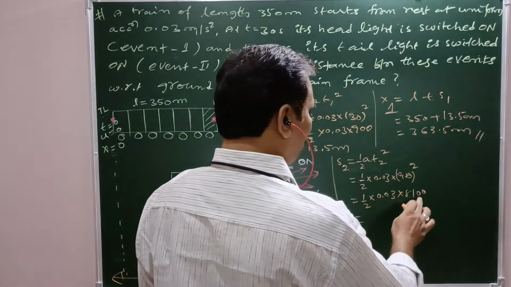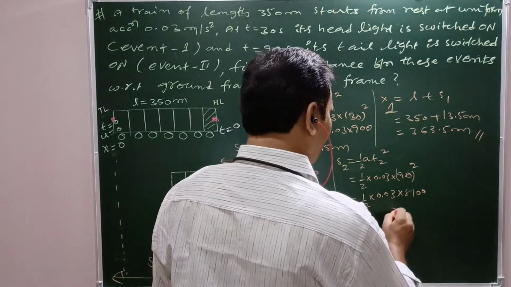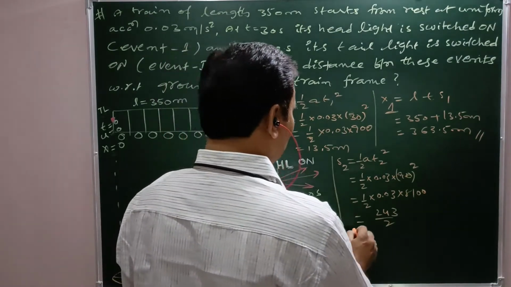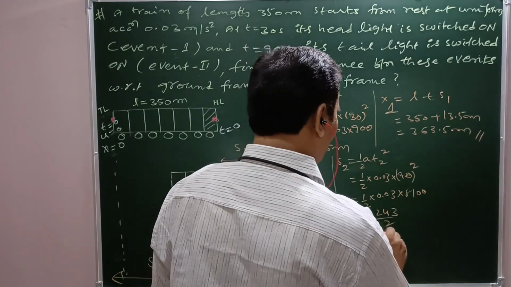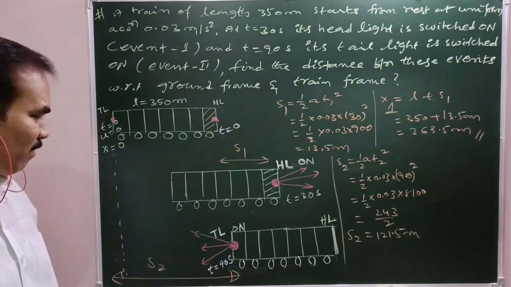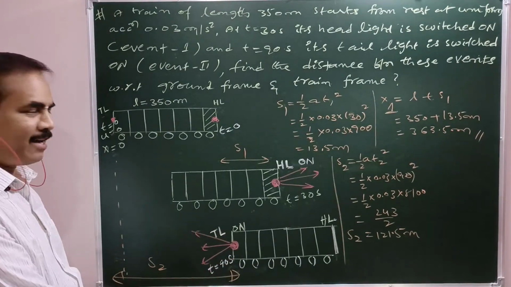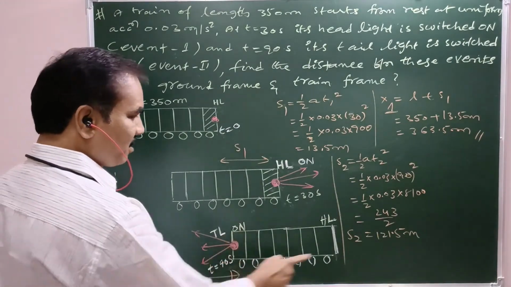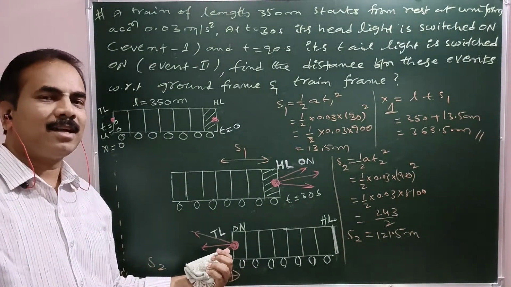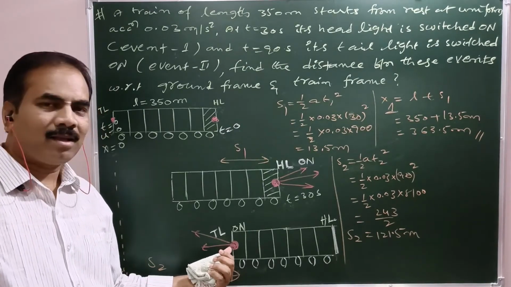Now 2 zeros, that is 100 into 0.03 means 3. 3 into 81, 243 by 2. So S2 equals 121.5 meters. So the distance covered by the tail light in 90 seconds when it was on, with respect to the train, is 121.5 meters. Am I right?